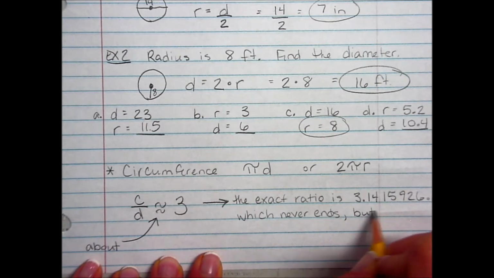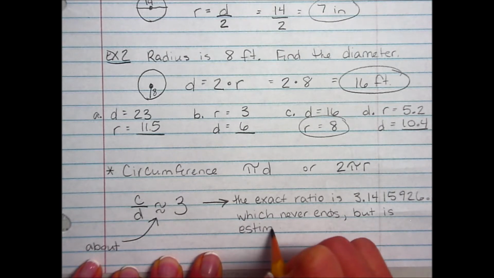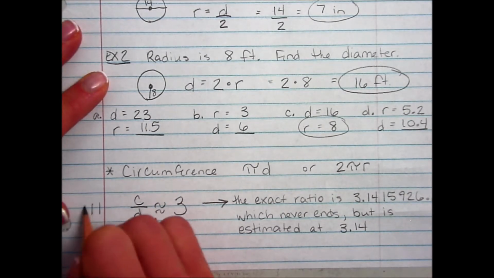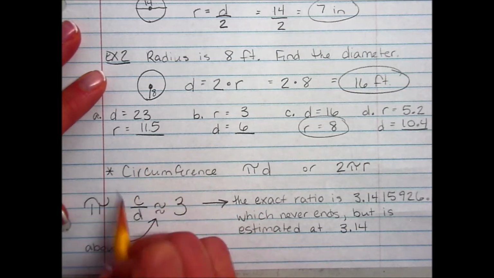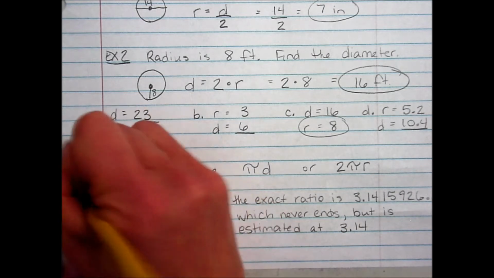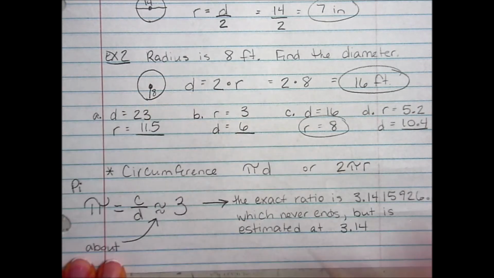But we estimate at 3.14. So this is pi. Pi, which is spelled P-I, is circumference divided by your diameter, which is about 3.14.